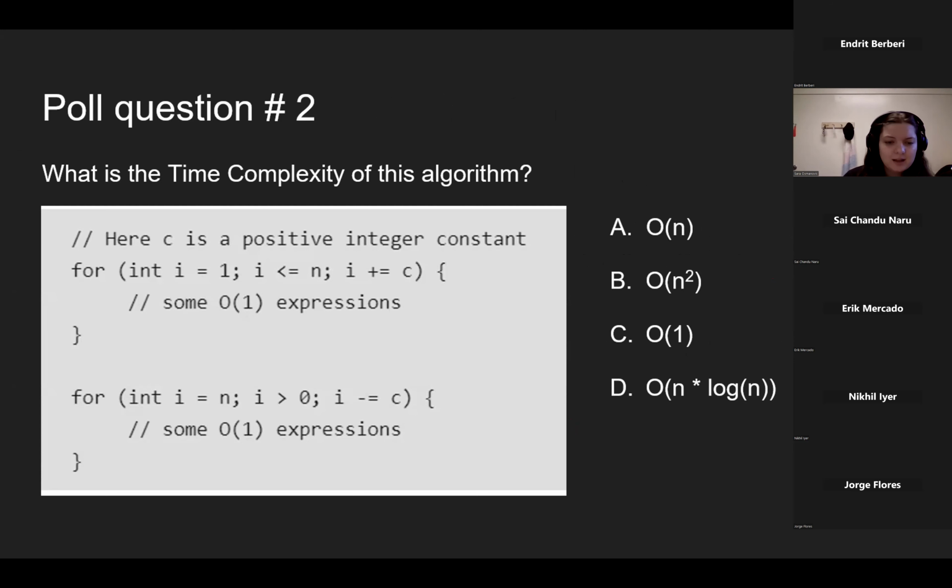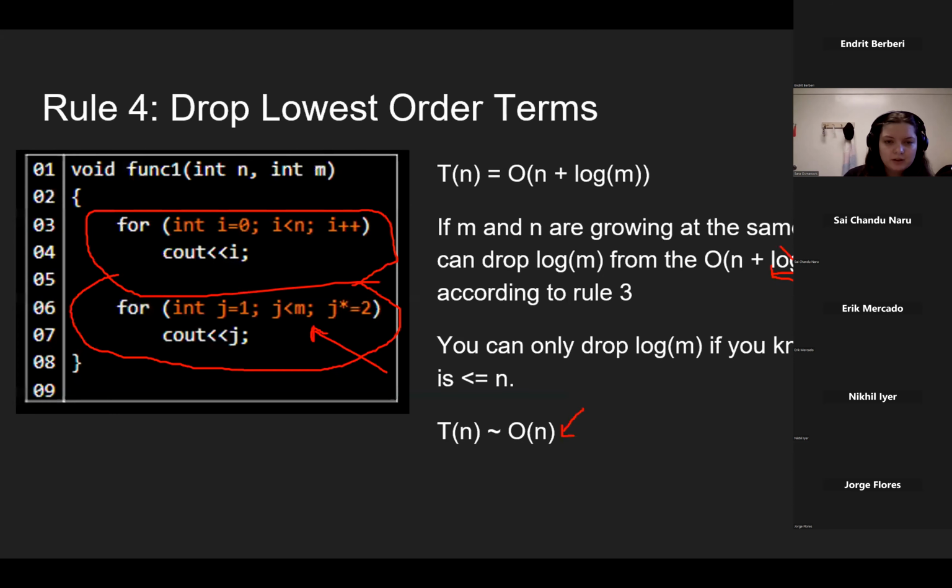In this case, I don't know why he gave you 2 different variables, because m and n can be completely different and they might both contribute, as you said. I wouldn't necessarily drop functions with different variables, but if you had n plus log n, I would just drop the log.